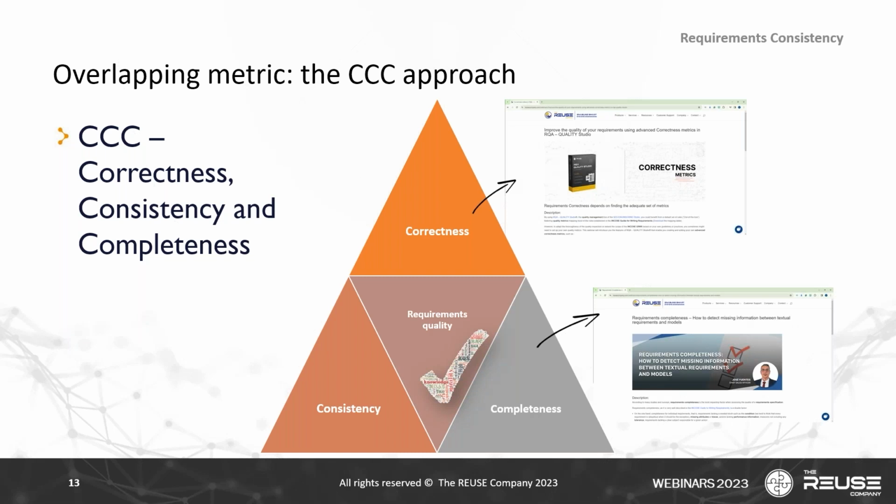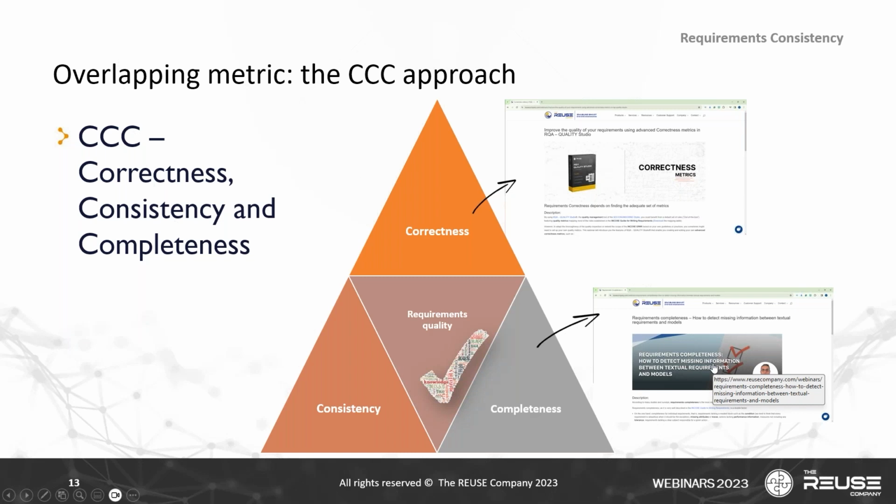So if you want to learn about these three aspects, correctness, consistency, and completeness, correctness, we presented a webinar some months ago. This is the recording. When you get the slides, you will find this link to this past webinar. Completeness will be the topic for next month's webinar.